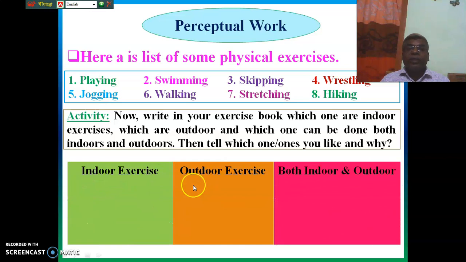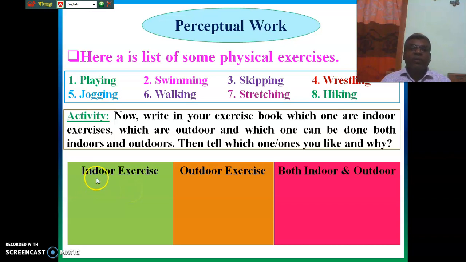Like this, you have to make a table in your exercise book and keep the right exercises in the right position. Write it in your exercise book. Then we will see what you have written.